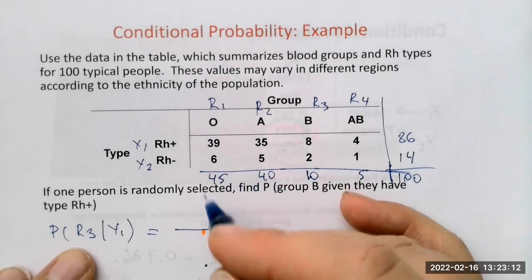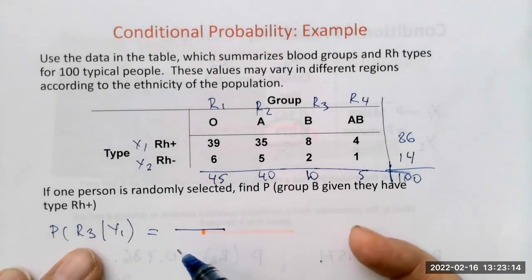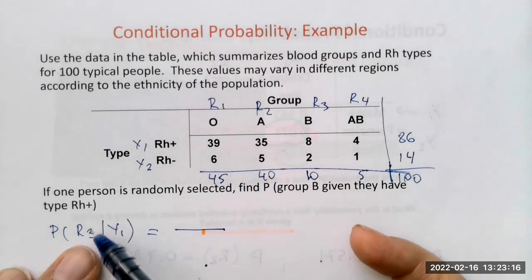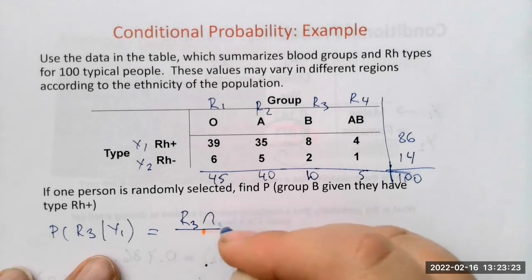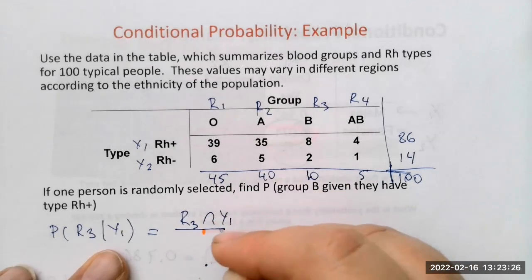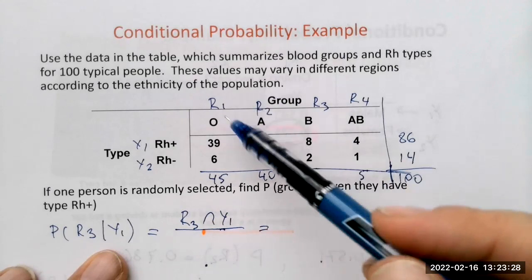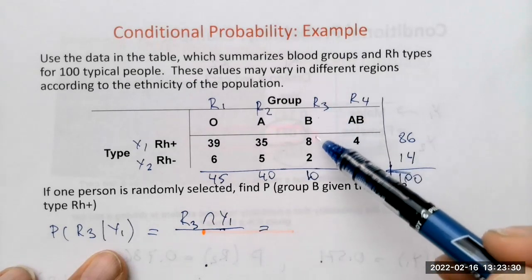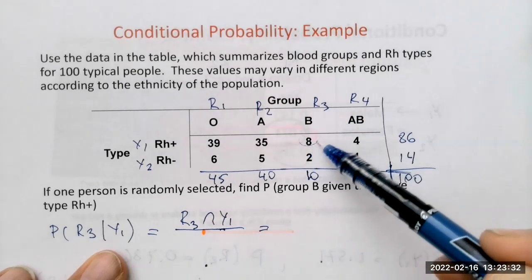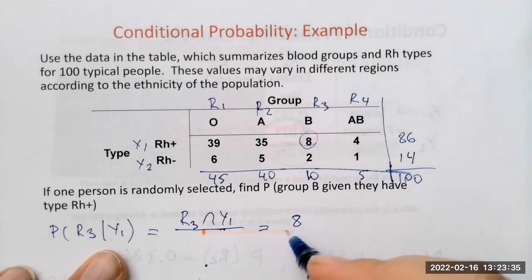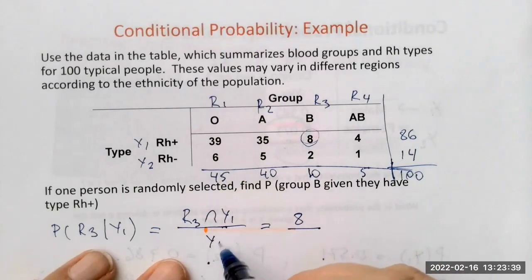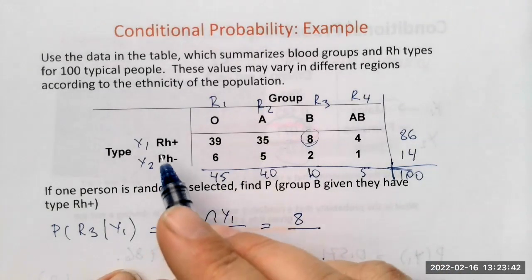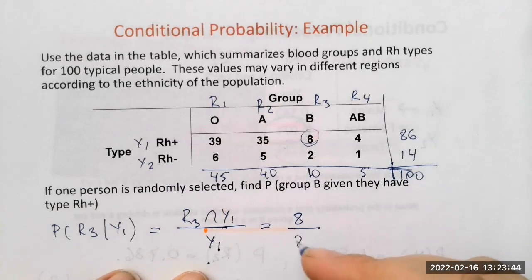For the numerator, I'm going to put the count for event R3 and Y1, and that is 8 right here. So that's 8. For the bottom, I'm going to put the total for event Y1, and that total is 86.